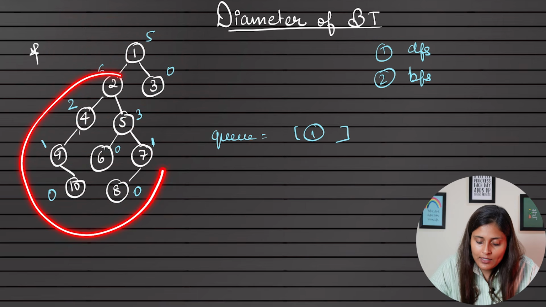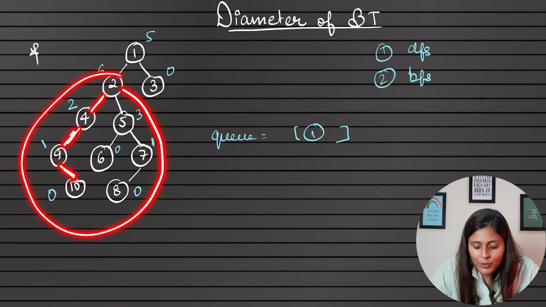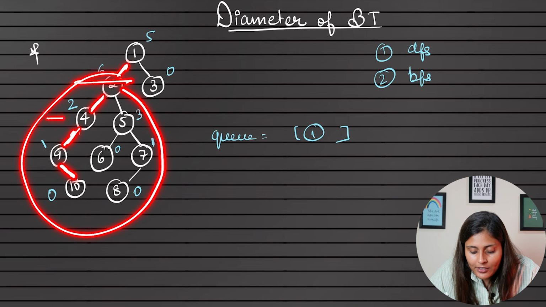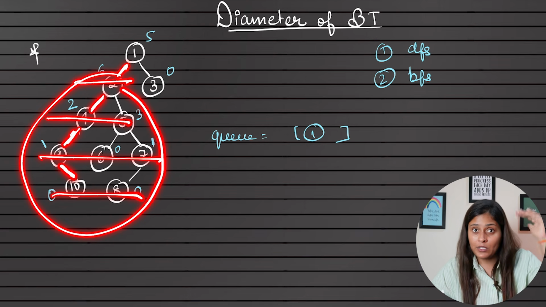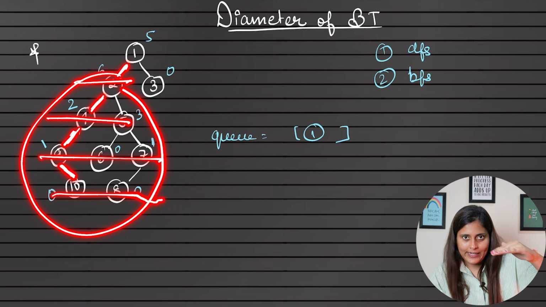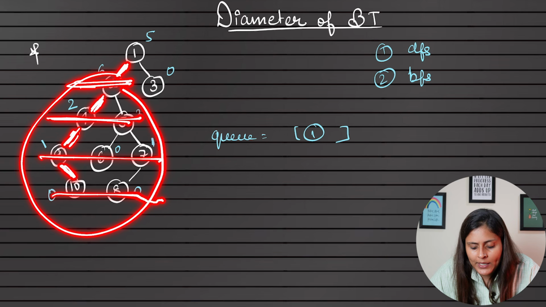But for this tree, if you see 1, 2, 3, you will say the number of edges is only 3. But we are not counting that now. That is why I said go and check the levels. Levels will count the number of nodes at that level. So 3 edges, but we want to count this also. So just say how many levels are there. It is 4.